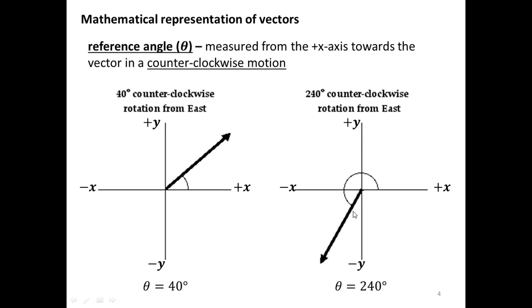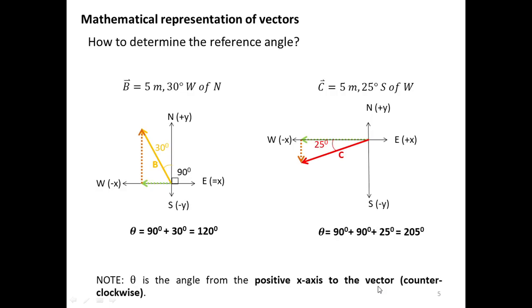So if this is your vector, then you measure the reference angle from this point towards that direction. So this is our reference angle. For these examples, in the first example, we have a reference angle equal to 40 degrees, while in our second example, we have a reference angle equal to 240 degrees.